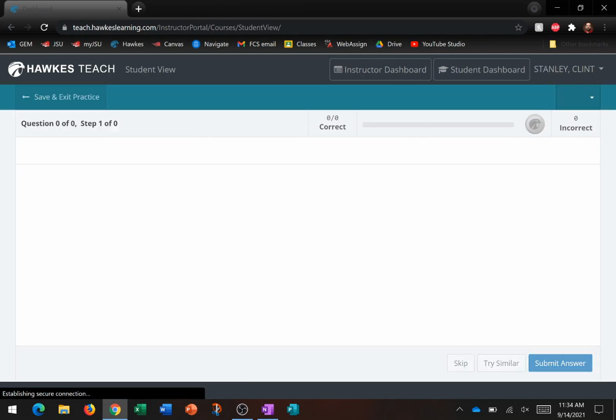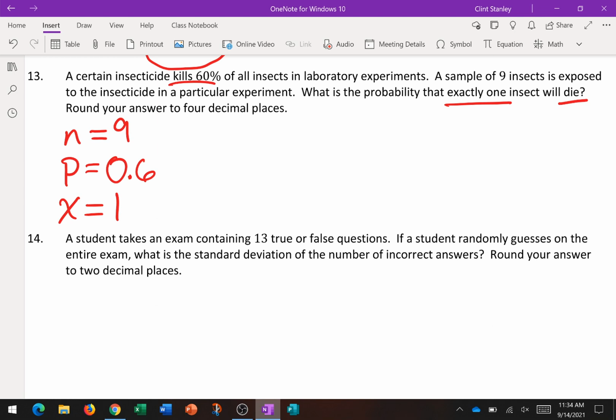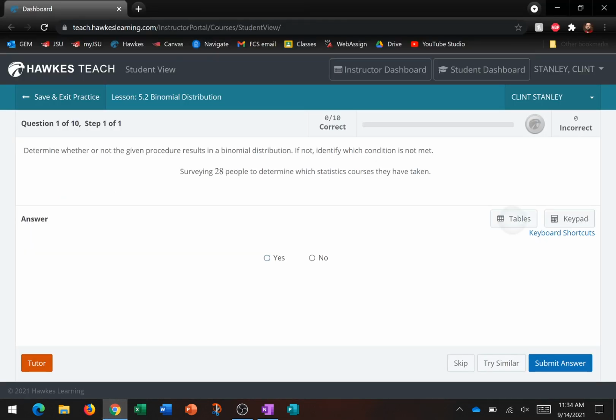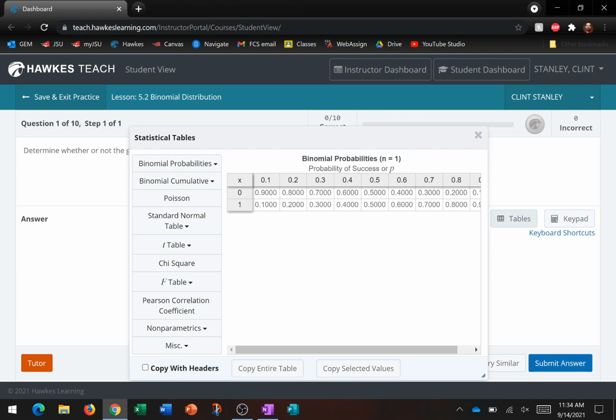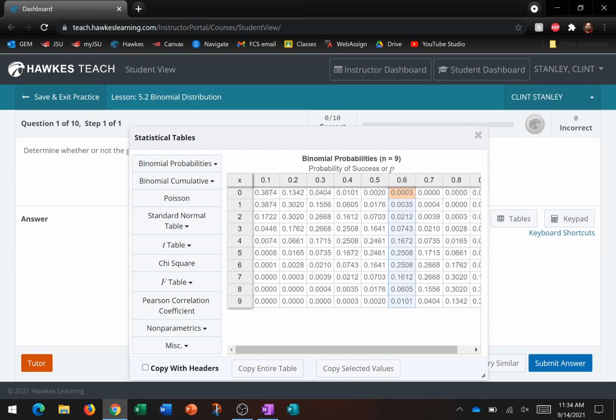Okay. So n of 9, p of 0.6, x of 1. Go to the binomial table, n of 9, p of 0.6, x of 1.